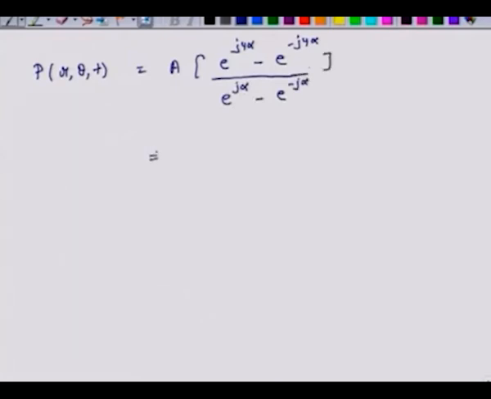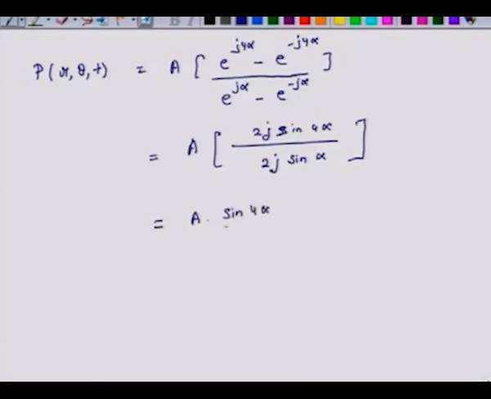and this becomes A, and in the numerator I get 2j sin 4 alpha, in the denominator I get 2j sin alpha. So, 2j and 2j they cancel out, and essentially I am left with A times sin 4 alpha divided by sin alpha.